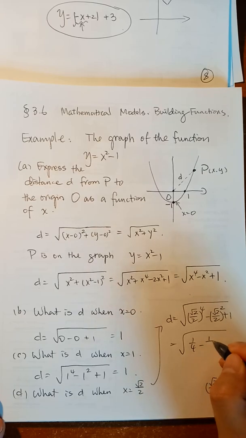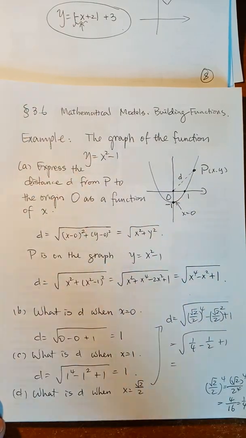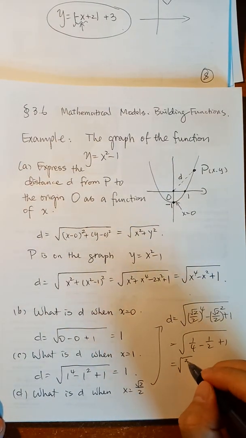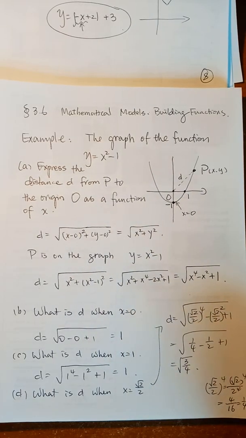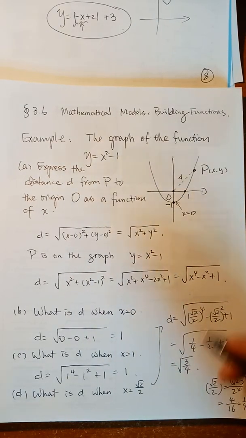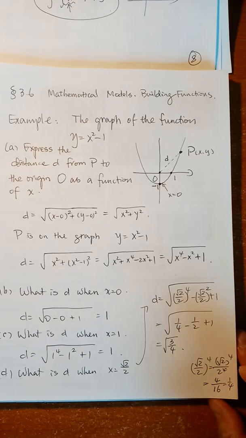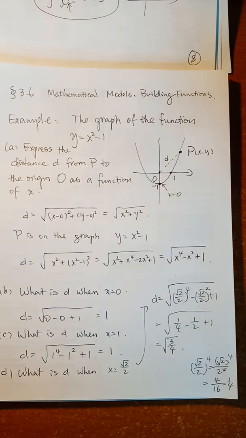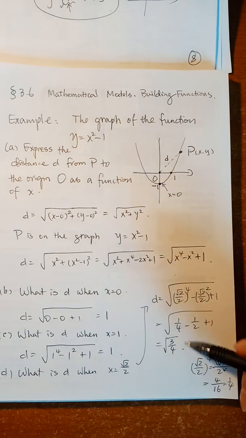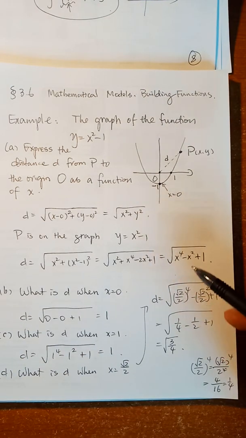Here is 1 half, and plus 1. If you compute it, it's the square root of 3 over 4. Anyway, just do the computation. It's not that difficult. Whenever you have an x value, you can compute the corresponding distance.